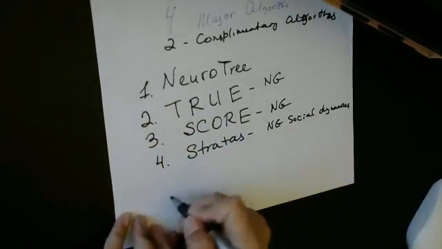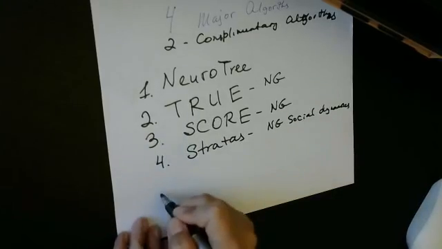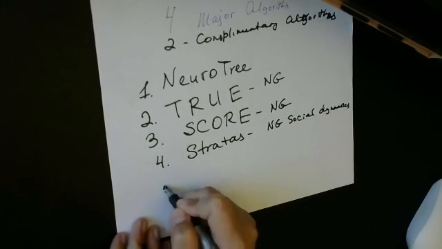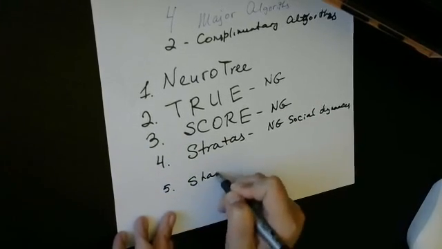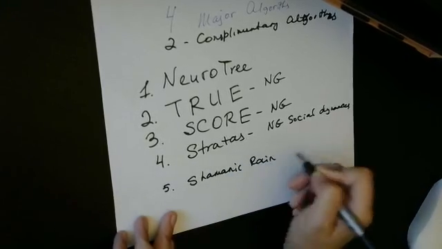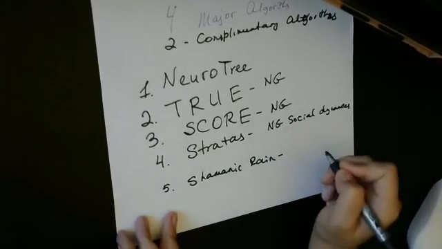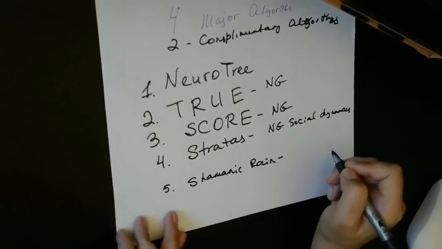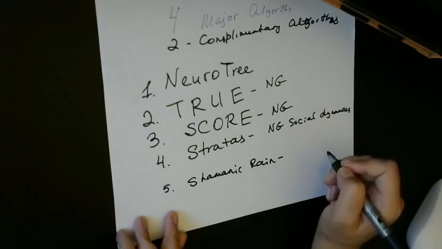Again, this is a coaching technique. Now, the complementary algorithms are called Shamanic Rain. I call it just Rain. Rain has a very big philosophical and spiritual meaning to it.